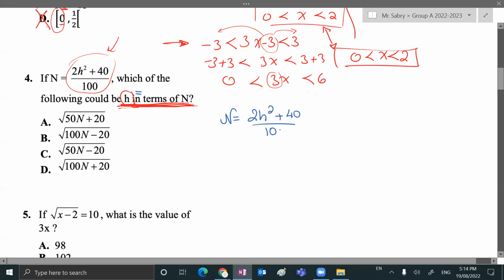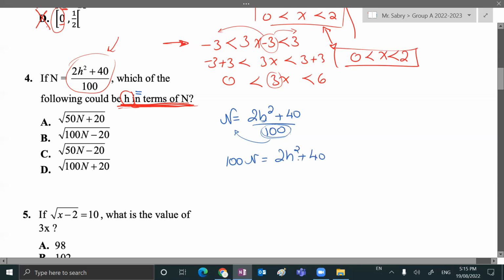I want to solve for h، يعني عايز ال h دي تبقى لوحدها. ازاي اعمل كده؟ اول حاجه اشيلها دايما is اللي بالdivision, as if because this it's as if it's locking ال 2 وال h وال 40 وكل اللي فوق ده كانه مقفول عليه بال 100. So first the 100 needs to go to the other side by multiplication. It becomes 100n equals 2h power 2 plus 40.